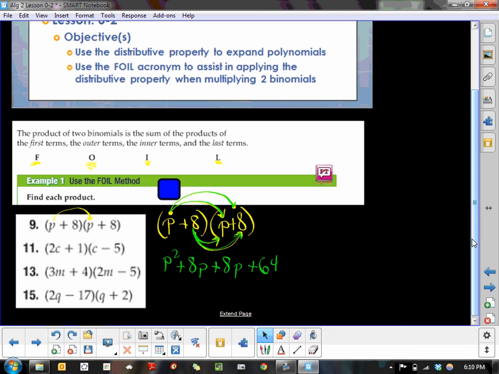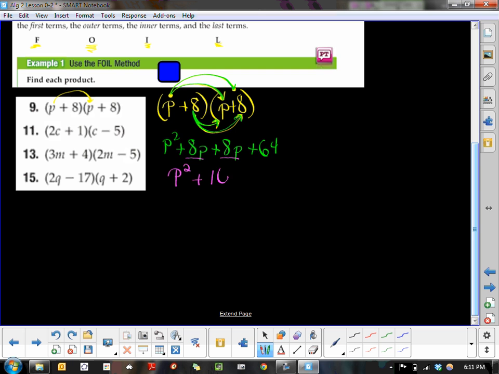If you remember, like terms are the things that have exactly the same variable, 8p and 8p. The p squared is different, but the 8p and the 8p can be collected into 16p, plus 64. And this is our final expression that we have simplified through the use of the distributive property. So there's our first run through with FOIL.